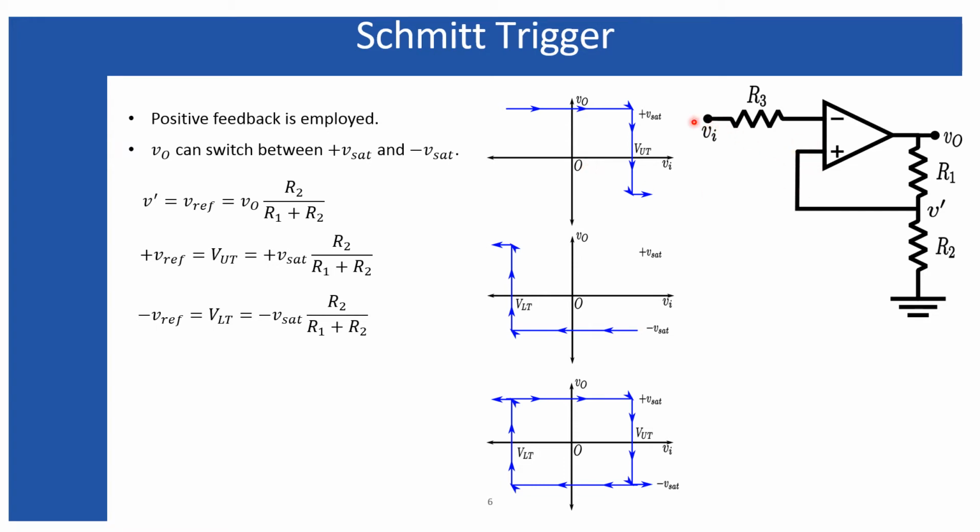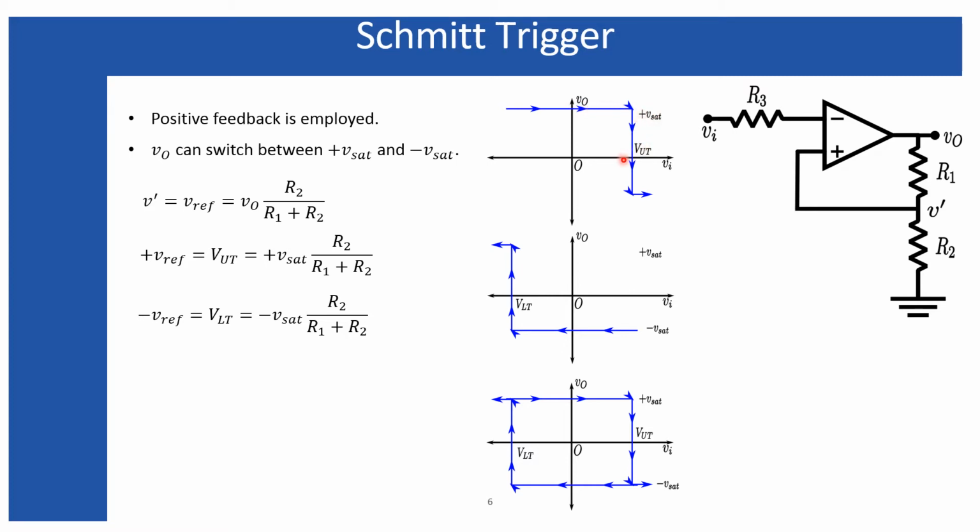So the input voltage is less than the upper threshold voltage, which means the potential at the non-inverting terminal is greater than that of the inverting terminal, which means the output voltage is attaining its positive peak, plus Vsat. So when the input voltage is less than its upper threshold voltage, the output voltage remains at its plus Vsat value.